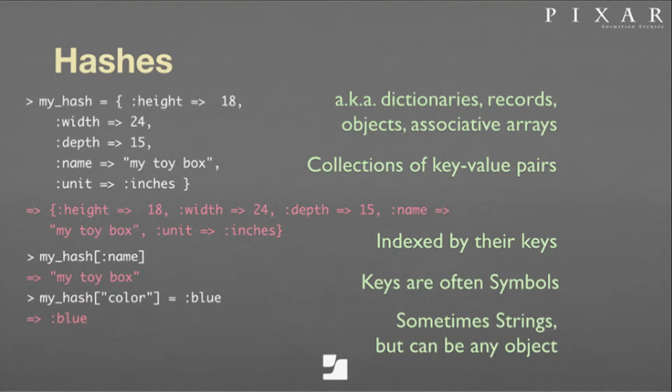Whereas if we use symbols like this, it's only taking up the amount of memory that it needs to store those symbols once, and that's it. So it's much more efficient to use symbols. In almost all hashes you'll see symbols as the keys, sometimes you'll see strings. And here's an example of setting a new key to that hash using a string as the key and a symbol as the value.